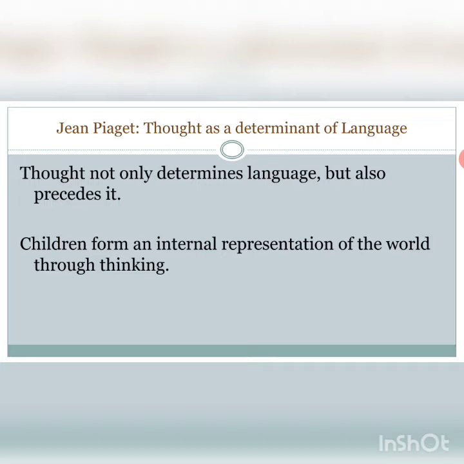In children, it can be seen that they form an internal representation of the world through thinking. Even before language is formed in children, they start thinking, and this thinking is in the form of an internal representation of the world. So, according to Jean Piaget, it is thought which determines language, and it comes before language development.